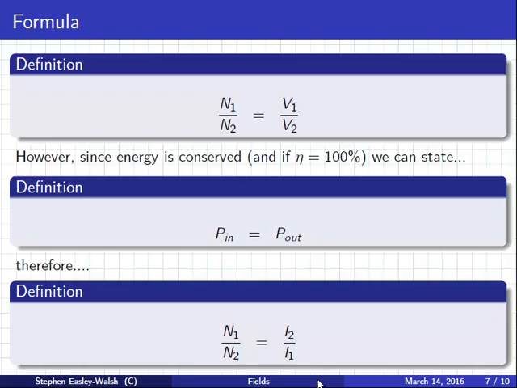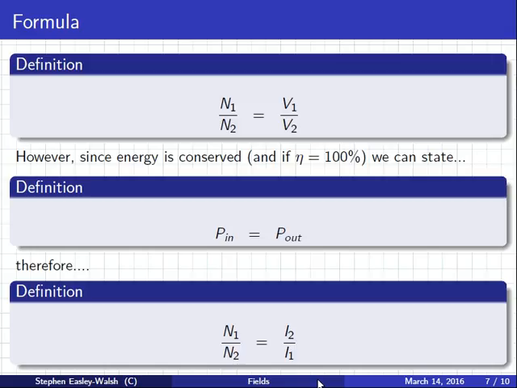Where did the N come from? What do you mean, where does the N come from? N1 over N2. Oh, I thought you said M. No, N. Okay. Did you get this formula? Yeah. So V1 is the voltage that goes in. V2 is the voltage that comes out.